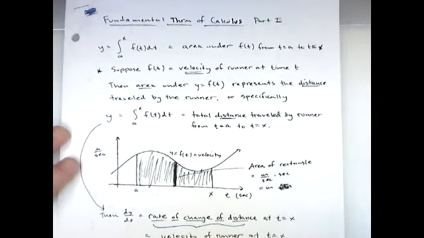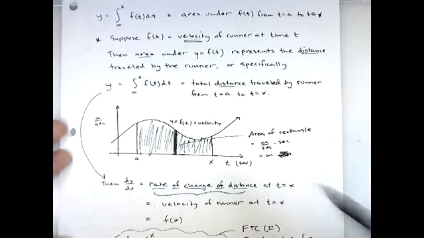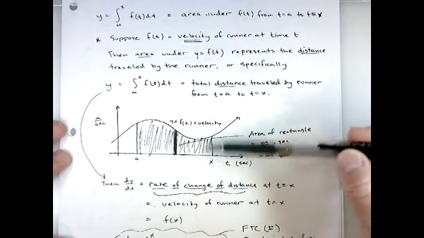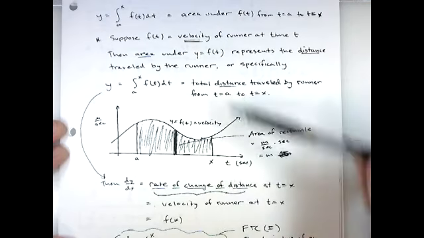Okay, so then what would it mean to take the derivative, if y represents that integral, which is the area under the curve, which represents the total distance traveled? What would it mean to take the derivative of this function?